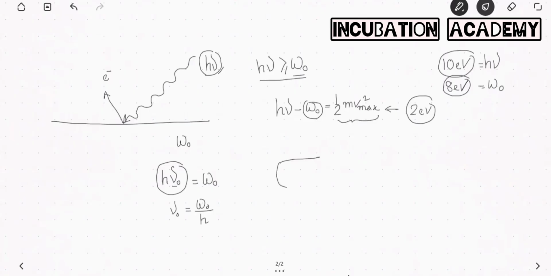This is a vacuum tube which is taken at that time, and there is a window.